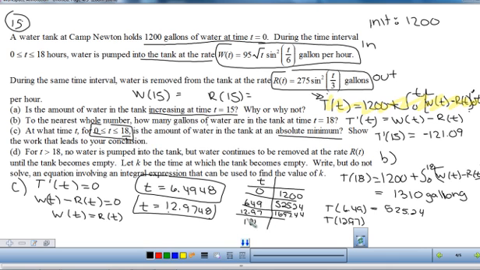And at 18, I already found that in part B, which was 1310. Absolute means the lowest of the lows, which is why I had to check my endpoints. So my absolute minimum occurs at 6.4948, and the absolute minimum amount of water in the tank is 525.24 gallons.